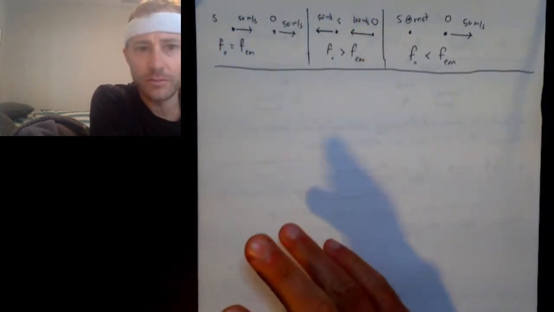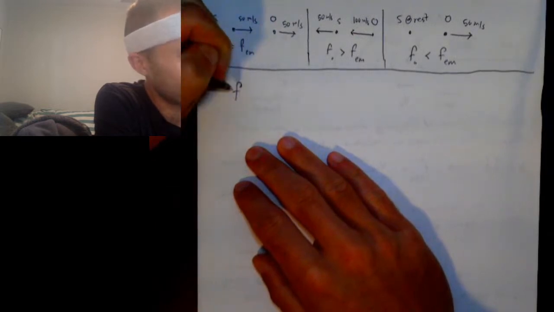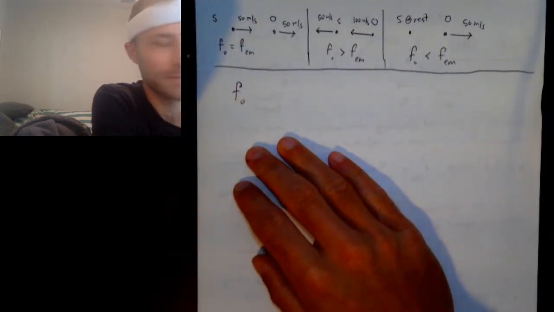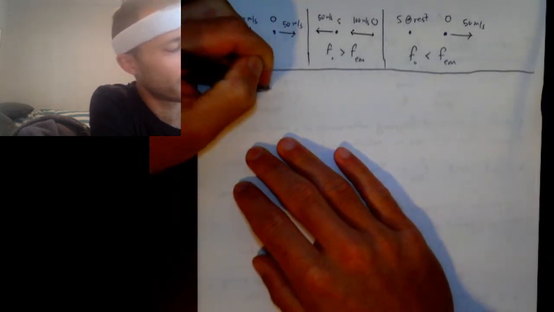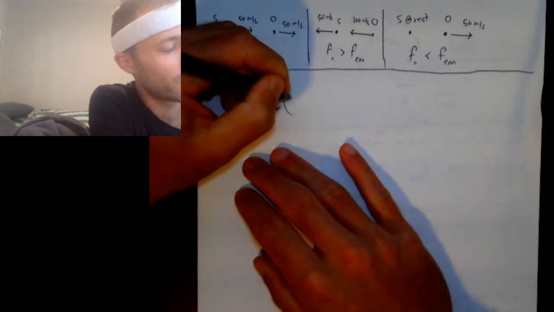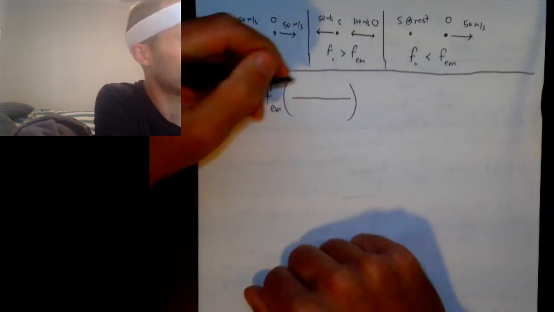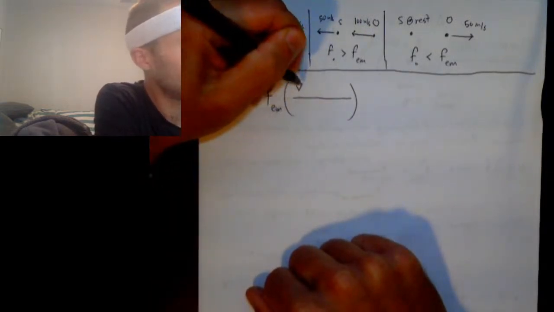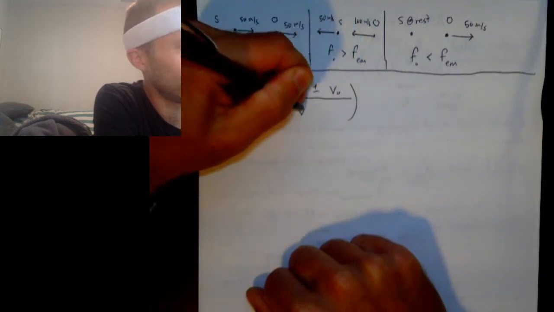So there's an equation that I will teach you at this time for how to calculate the observed frequency. The observed frequency is the emitted frequency times a factor. And that factor is (V plus or minus VO) over (V plus or minus Vs).